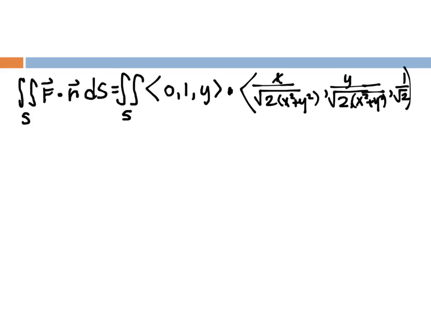And this is then times ds, which is the square root of 2 dA. We pretend that says dA at the end.